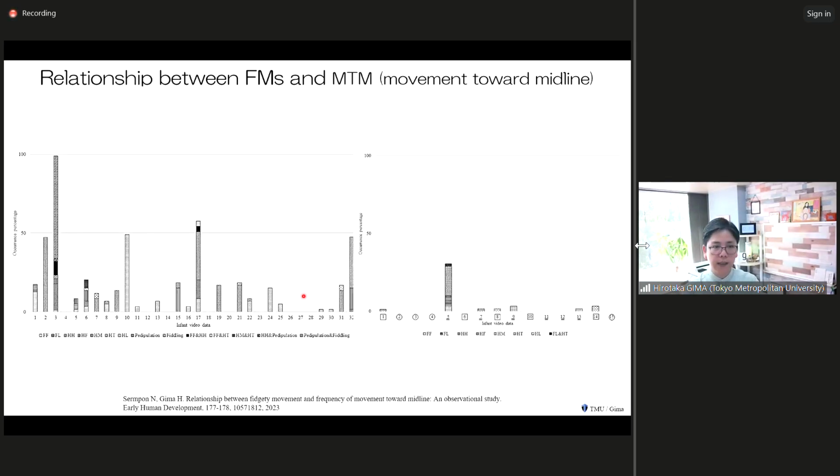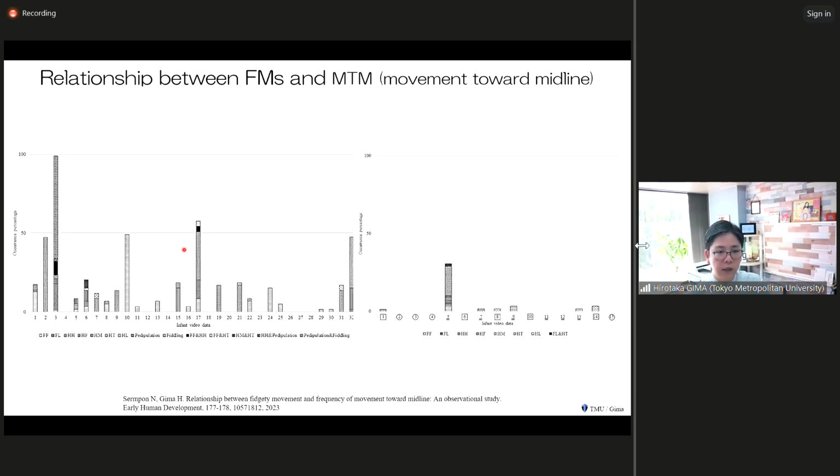MTM is a movement of the limbs toward the midline and is considered important in motor development. This study specifically examines the frequency of MTM, such as foot-to-foot contact or foot-to-leg contact, hand-to-hand contact, hand-to-face contact, etc.